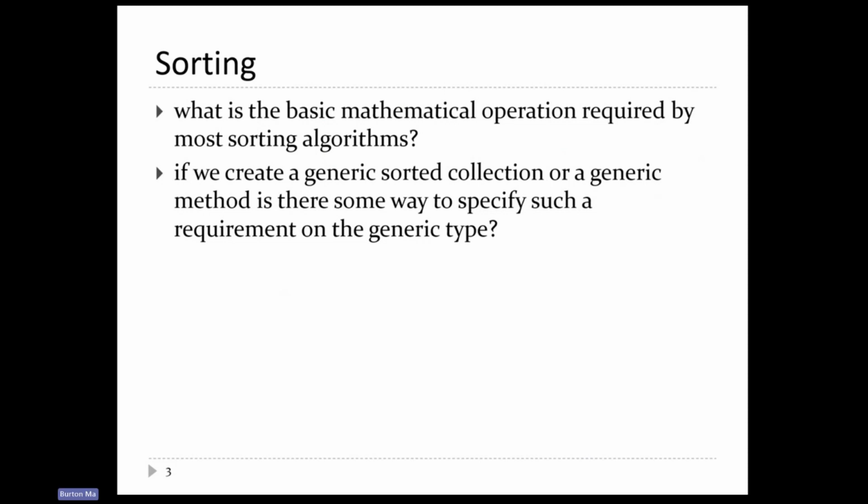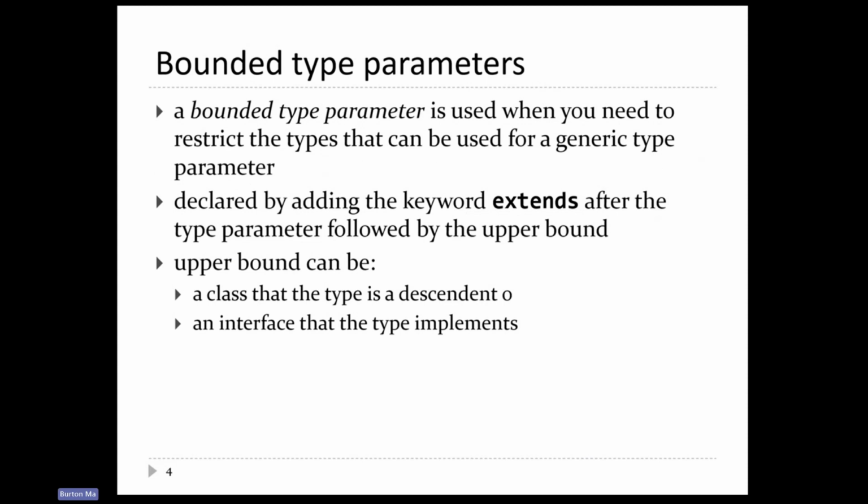And the sorting algorithms that work this way are called comparison-based sorting algorithms. So if you make a generic sorted collection, or if you create a generic method, right, is there a way where you can specify that the element type supports a comparison of some kind, right? The answer is yes, you can, right?